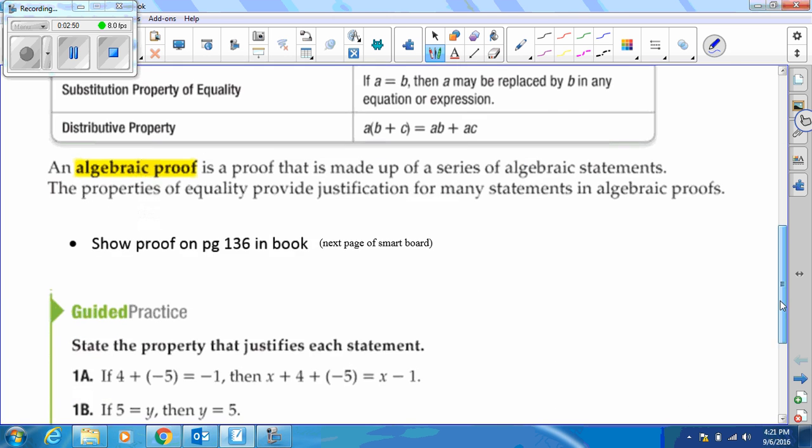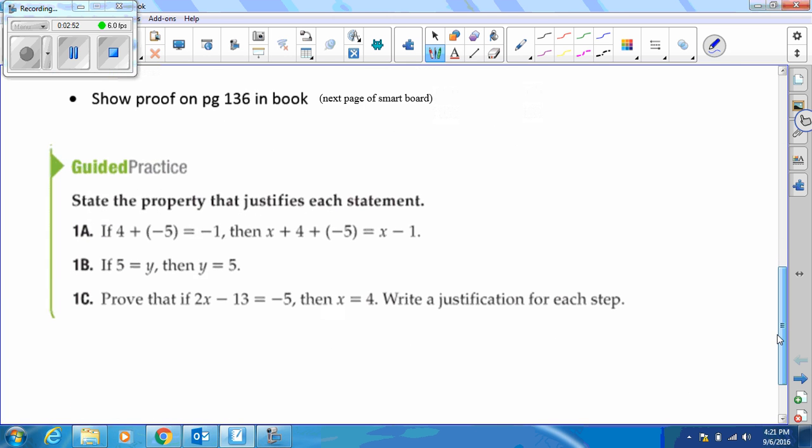So before we do a full proof, we're just going to state the property that justifies each statement. So I am going to go to the board, so I'm hoping you can still hear me. So 1A is 4 plus -5 equals -1, then x plus 4 plus -5 equals x minus 1.